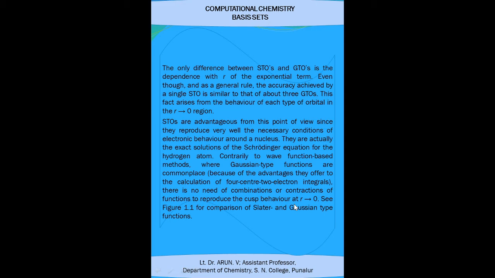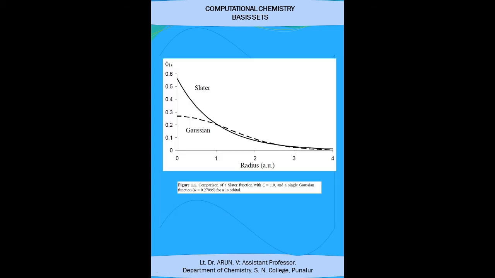Contrarily, in wave function based methods where Gaussian functions are commonly used, there is a need for a combination or contraction of the functions to produce the discontinuous behavior, that is, the cusp behavior at r equal to 0. We can see this from the following figure. Here, this figure shows a comparison of a Slater function with a Gaussian function.